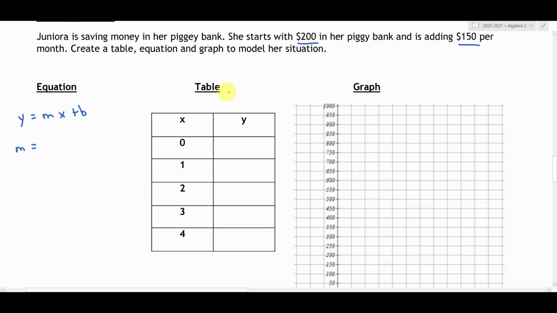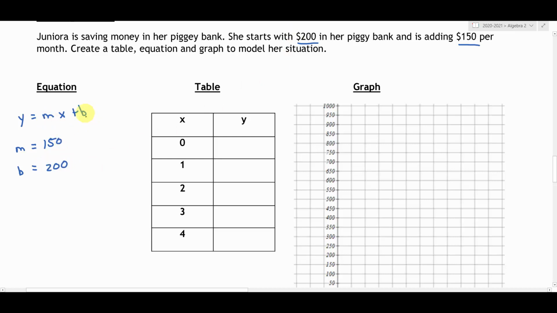And that is our slope. So I'd go back to the problem, and I remember it saying, well, they said they're adding $150 per month. So there's my slope. Now the b value on the end, this is our y-intercept, but in the context of a problem, the y-intercept represents how much you start with. It's like a starting value or an initial value. And I remember in the problem that it said she starts with $200.